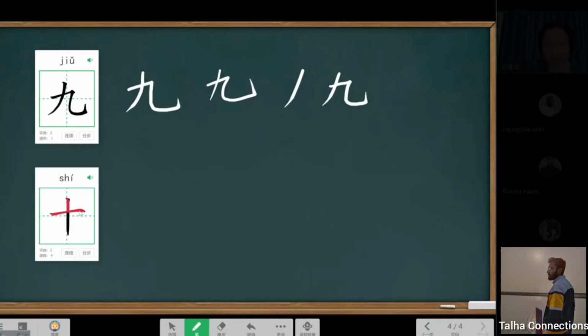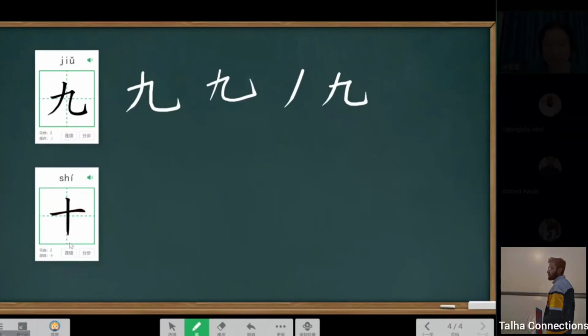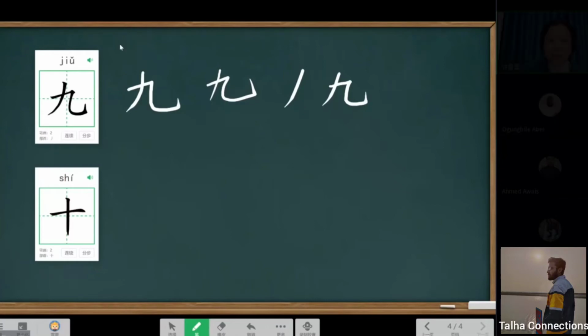From left to right, from top to bottom. Very simple. Okay, so you can write it. The first one is horizontal. The second one is vertical. Oh, I cannot do it beautifully.